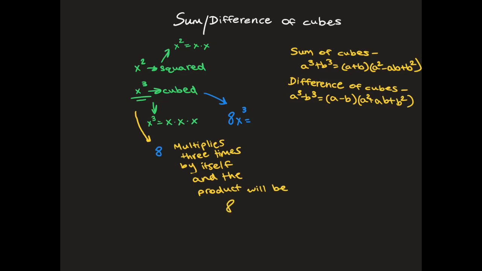So just to recap, say we're given the example of 8. We have to find a number that's multiplied 3 times by itself, and then the product of that multiplication would become 8.